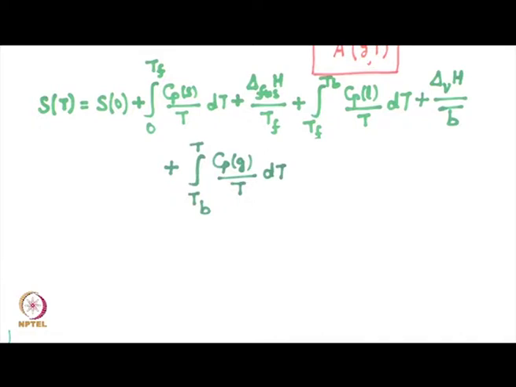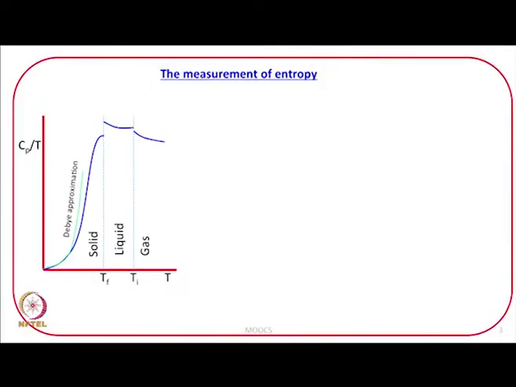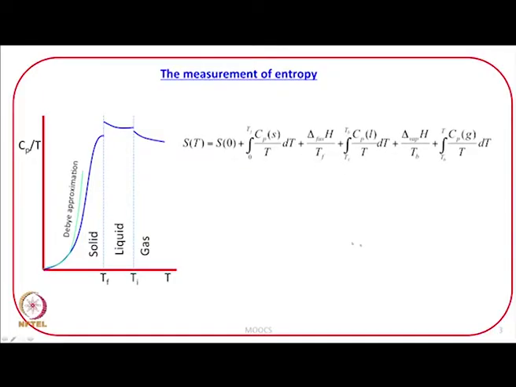Now, let us go back, the same thing I will show on the figure. Figure I will discuss a bit later, but let me just show you this equation which we just derived.